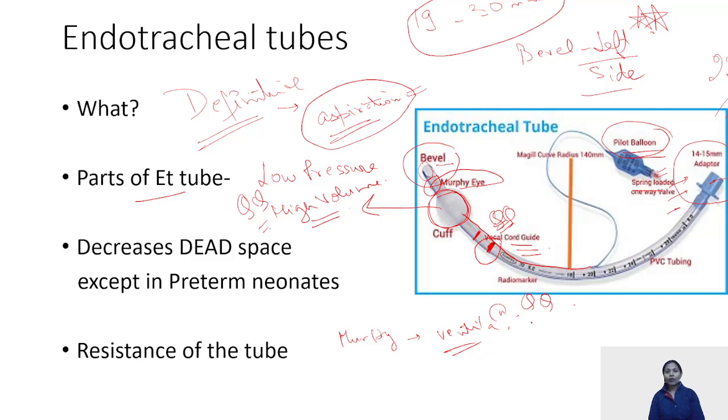The name of this tube is endotracheal tube with Murphy eye, and there are certain tubes which don't have the Murphy eye, and those tubes are known as the Magill's tube. Again, this is asked. A lot of questions are asked from the endotracheal tubes. The Magill's tubes are the tubes which don't have Murphy eye.